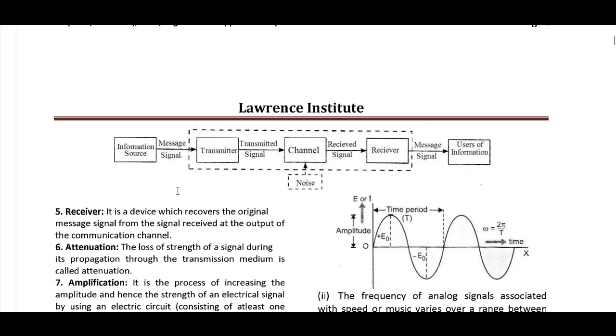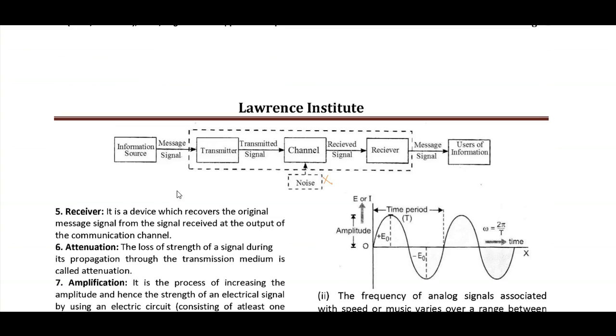So here this is the noise. Noise we want to avoid. We don't need noise, and noise is basically something unwanted. So this signal is transmitted through the channel.